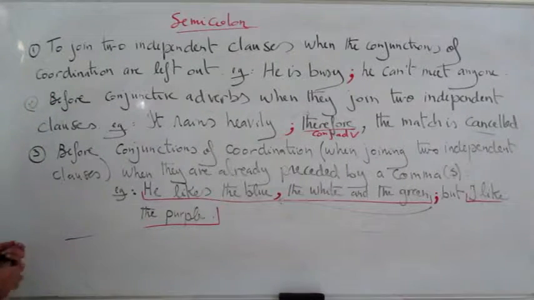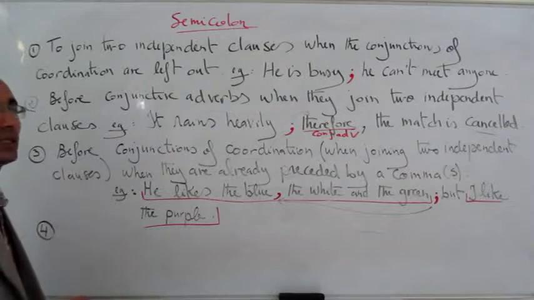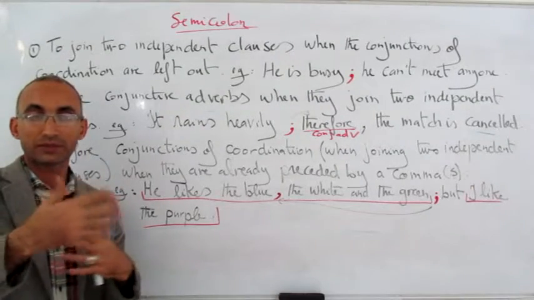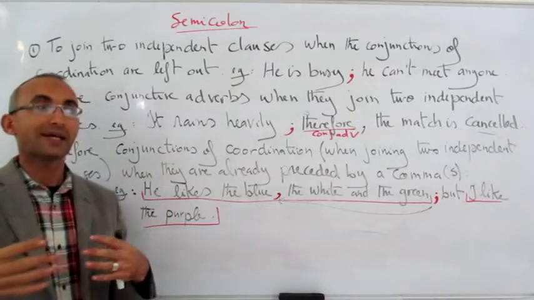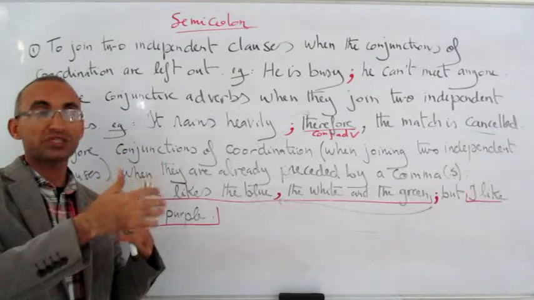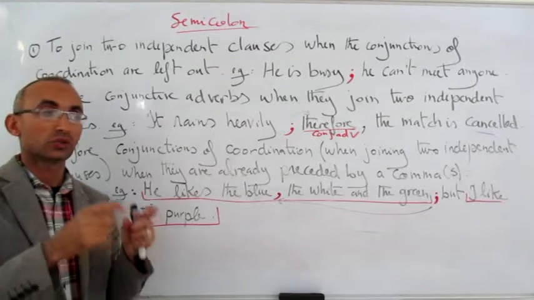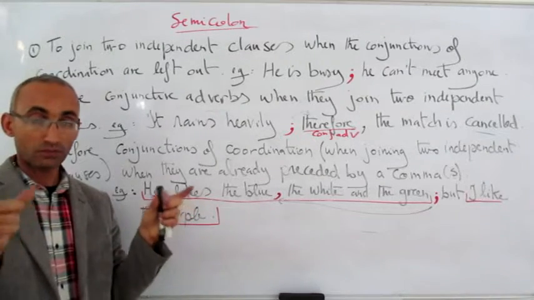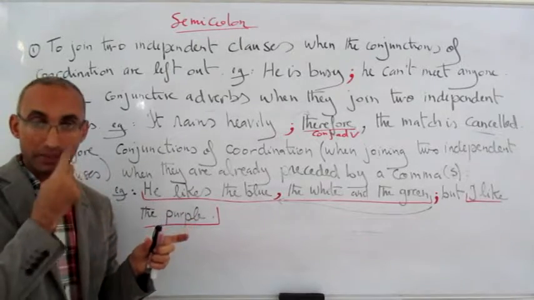Good. Also, the fourth case, number 4. Sometimes we mention combinations of items together in blocks, and these items within each combination are set off by commas. So, to distinguish between each combination and the other, we have to use the semicolon.